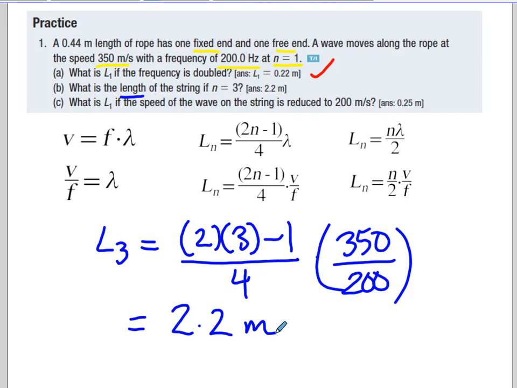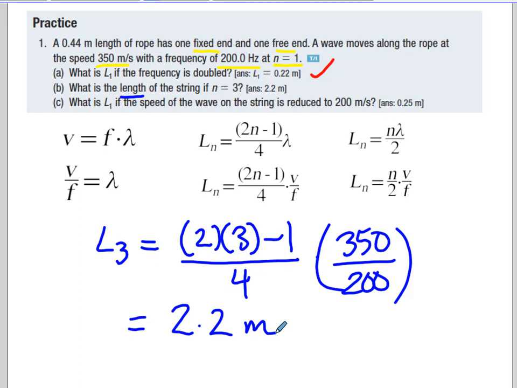So we would need a length of rope that's 2.2 meters in length, being agitated at a frequency of 200 hertz. And if we had that, we would create the third harmonic.